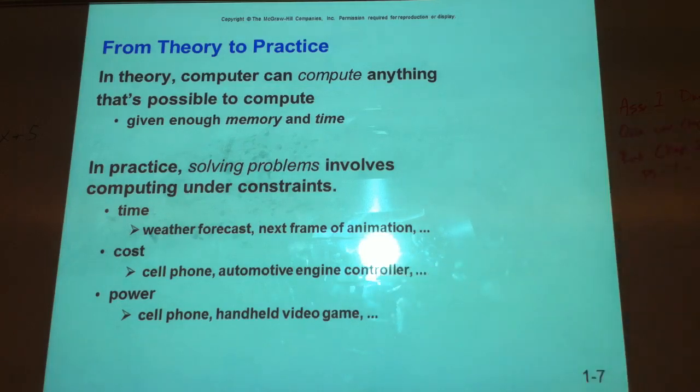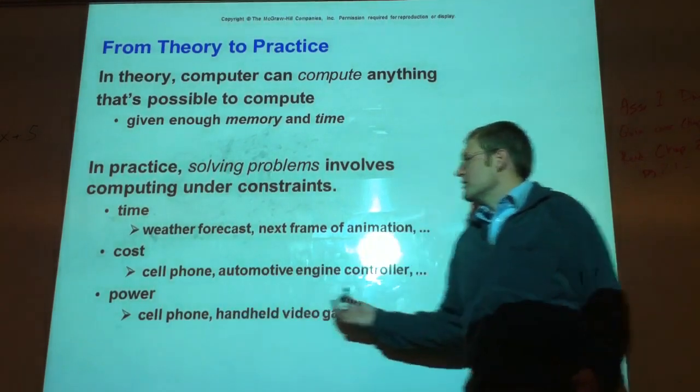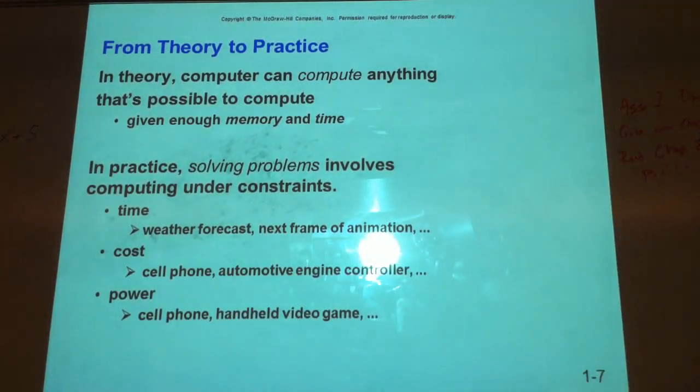A car. What's the cost constraint in the car? The cost of leases. Kind of the same thing as a cell phone. The more bells and whistles you get with a phone, the more bells and whistles you get with a car. Like, I have a new car. It can have a Sirius radio. It has Bluetooth.